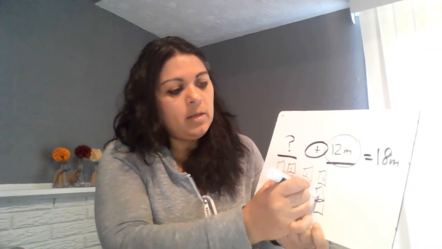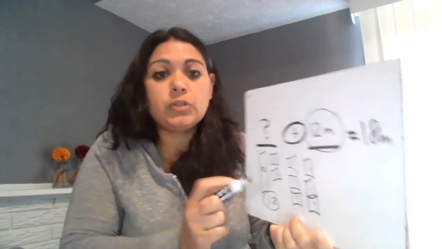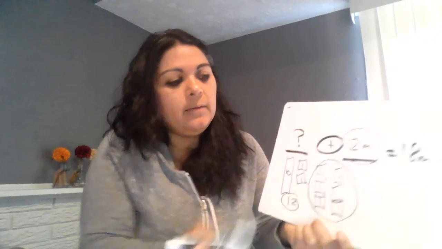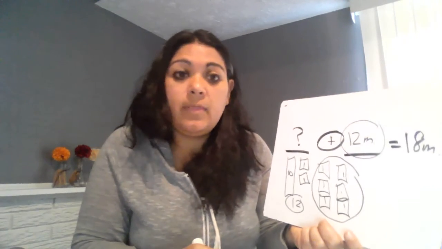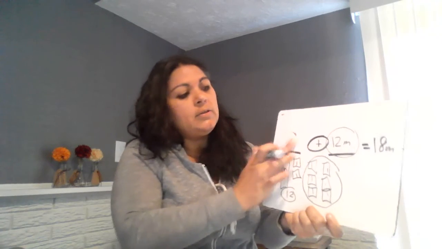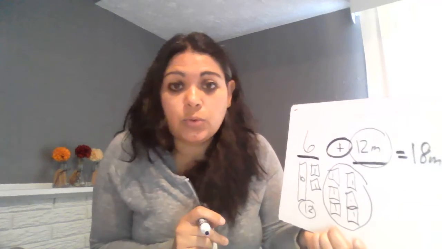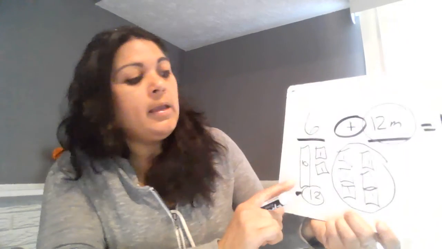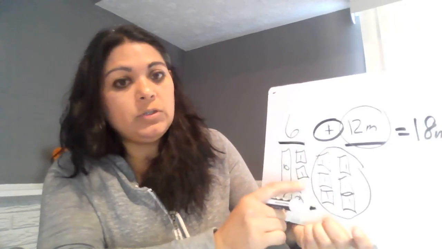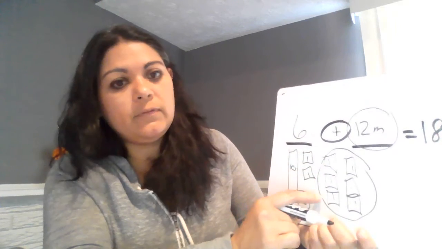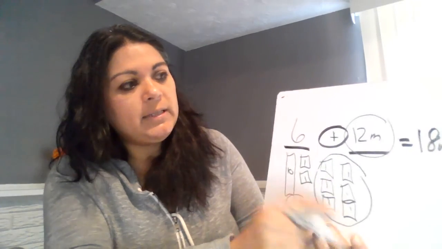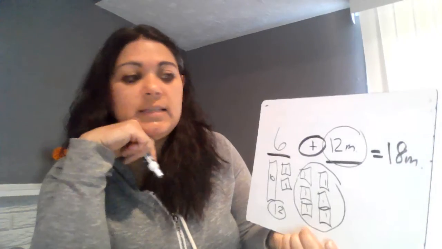I'm going to put 1 in there. And I'm going to circle the group that I added. And we see that group is 6. So let's recount to make sure that we have the right amount. 10, 11, 12, 13, 14, 15, 16, 17, 18. So that is 18 meters.